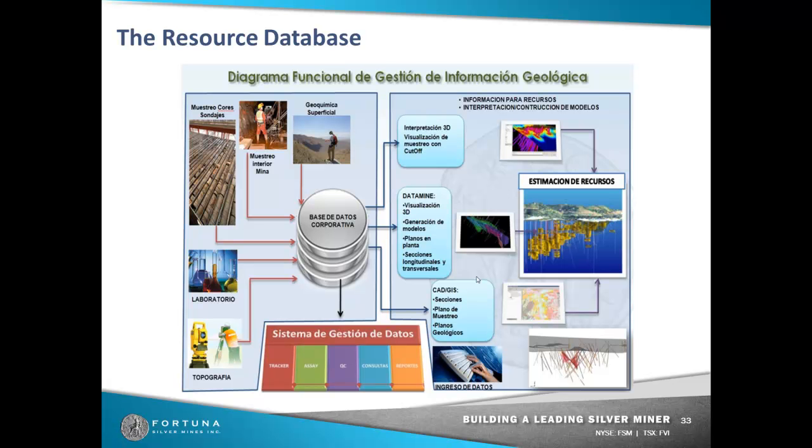We have a channel database where we're collecting all the information from the samples which are being taken inside the mine. Any type of channel information is stored within there, and any type of quality assurance, quality control information which is used to monitor and ensure that information is relevant and unbiased for our evaluation purposes.